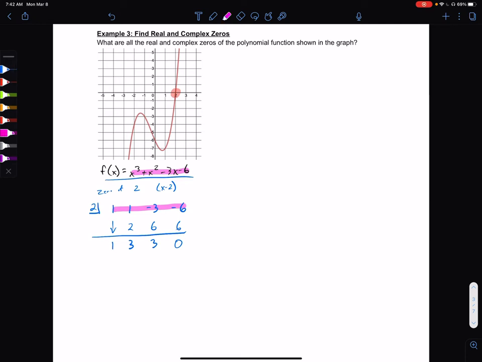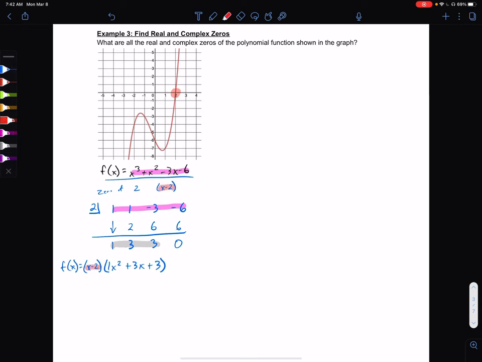So this piece here, let's change colors, can be rewritten as 1x squared plus 3x plus 3. So we know that my function f of x is equal to x minus 2, which is the first 0 that we found, the one in red, this x minus 2.